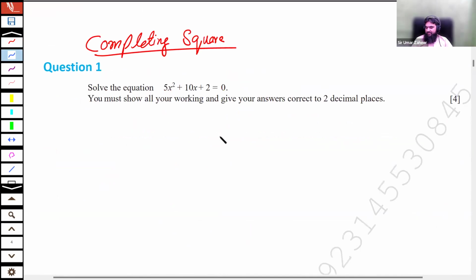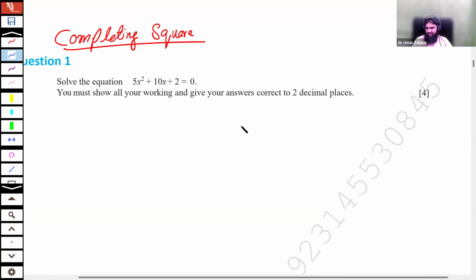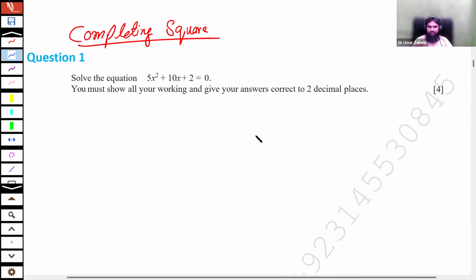Okay. Now look at here. You have 5x square plus 10x plus 2. You want to solve it by the completing square method. The first step is, first of all, the coefficient of x square must be 1. What is the first step?